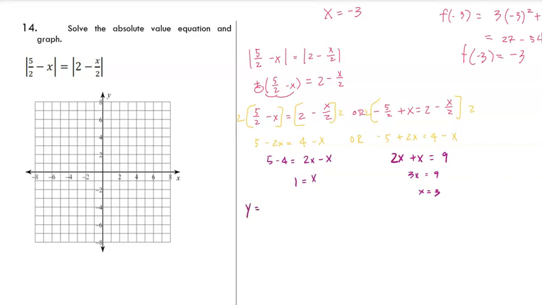Y equals absolute value, and y equals 2 minus. And one thing that I didn't talk about is that to find the y values, we can take x equals 1 and x equals 3 and put it into one of them.